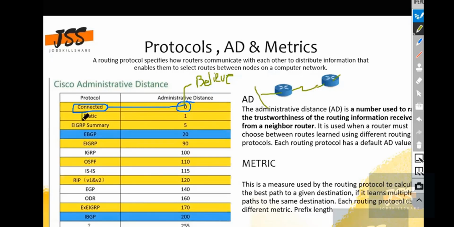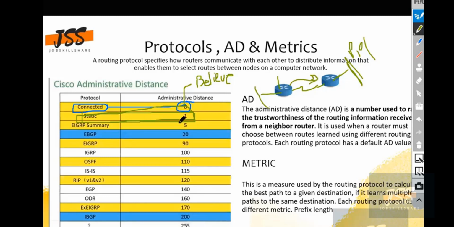Then we have static routes, and I will discuss static routes and give you a practical scenario as well. So for a static route, if some router, some host or some prefix is there, and I want to reach this one, I statically define on this router that if you want to reach this prefix, your next hop is this one.